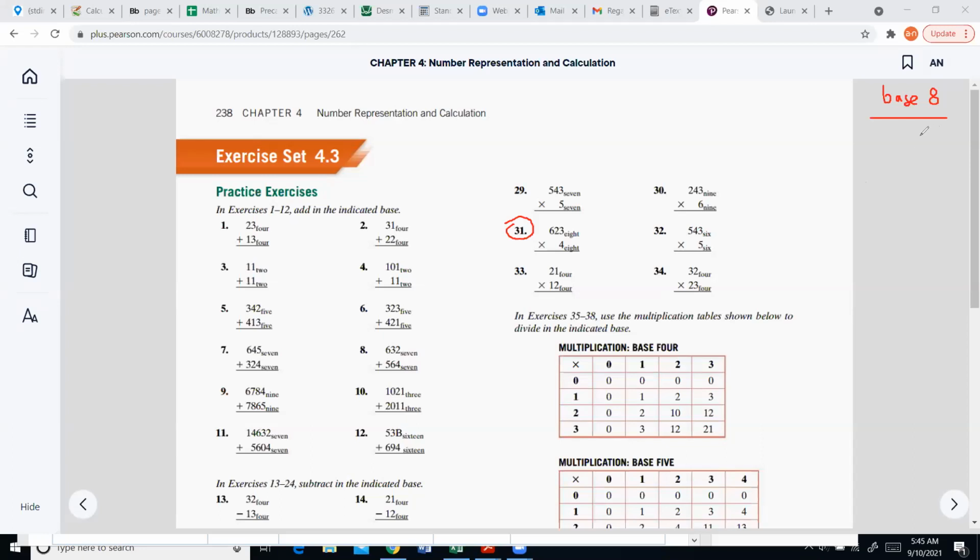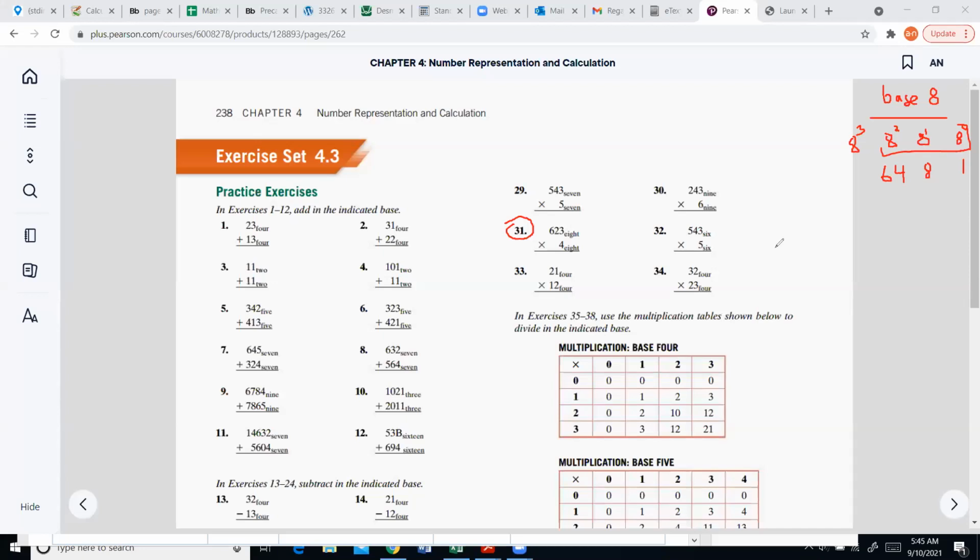So base 8 deals with powers of 8, such as the first power of 8, second power of 8, third power of 8, right? Fourth power of 8, zero power of 8. Please notice that the number we have here has 3 digits. So it just cares about these 3 powers of 8, such as 1, 8, and 64, right?